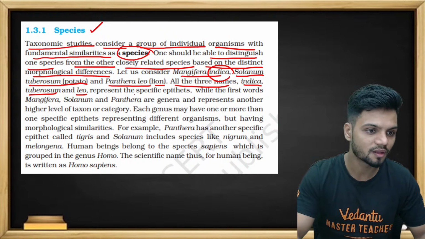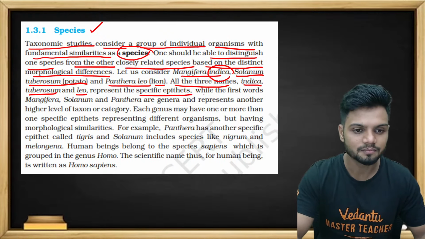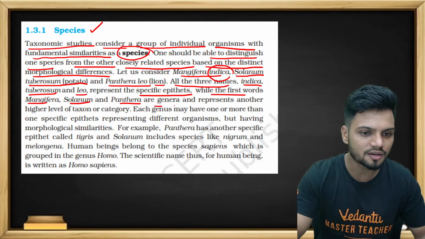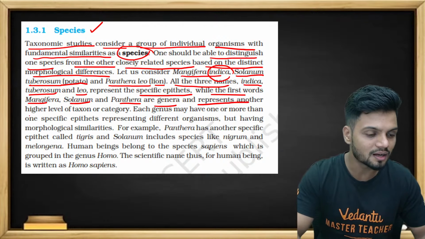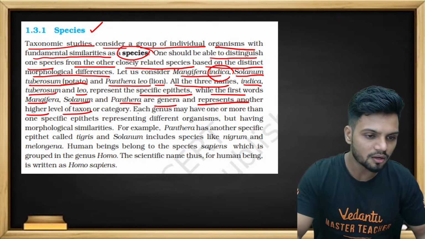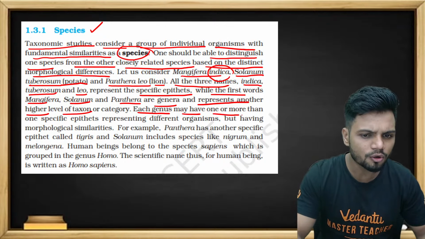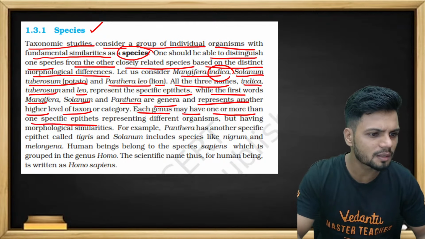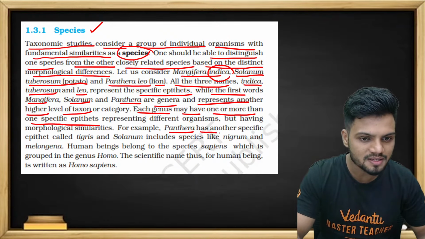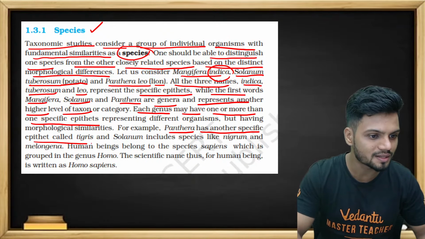A species represents the specific epithet, while the first word, Mangifera, Solanum, Panthera, is general and represents another higher level of taxon. That is, genus is higher. Now each genus may have one or more than one specific epithet. That is, Panthera has another specific epithet called tigris.